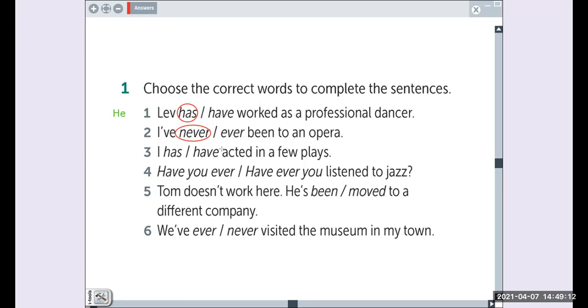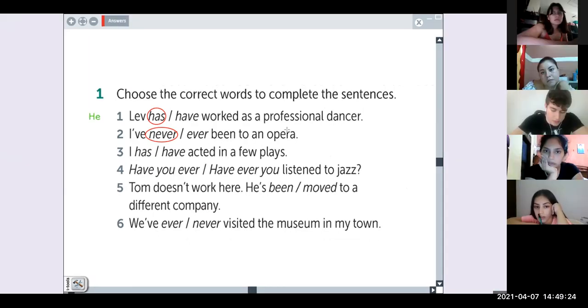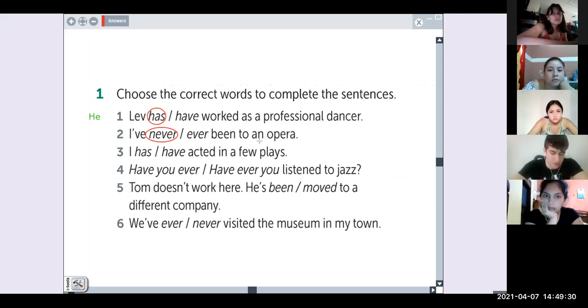We use ever for questions. Never is negative, and ever is for questions. Ever is used in questions, right? And never in negative sentences, okay?